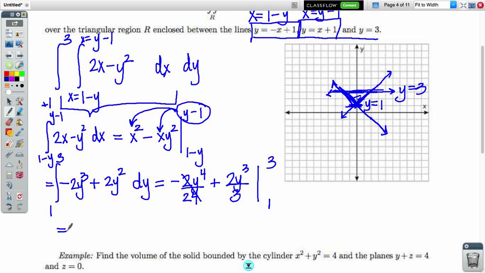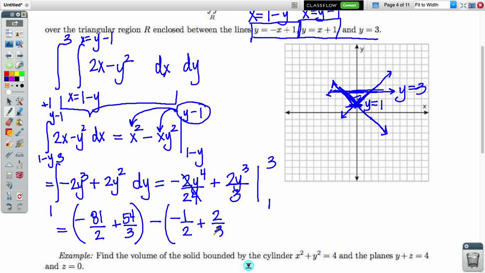So when I plug in 3, I get negative, let's see, 81 over 2. And when I plug in 3 here, 2 times 27 is 54 over 3. So there's my first portion of this, and then I'm going to subtract what goes on when I plug in 1. So this is going to be minus 1/2 and then plus 2 thirds.